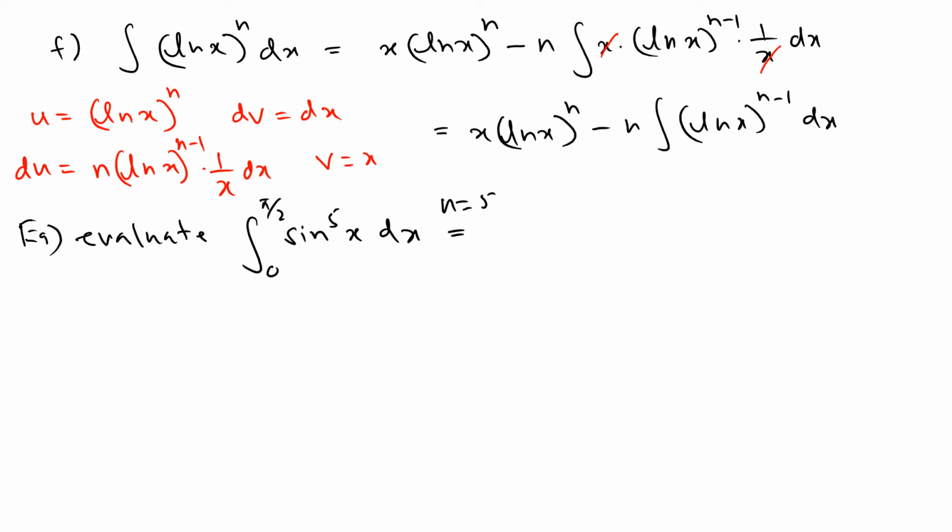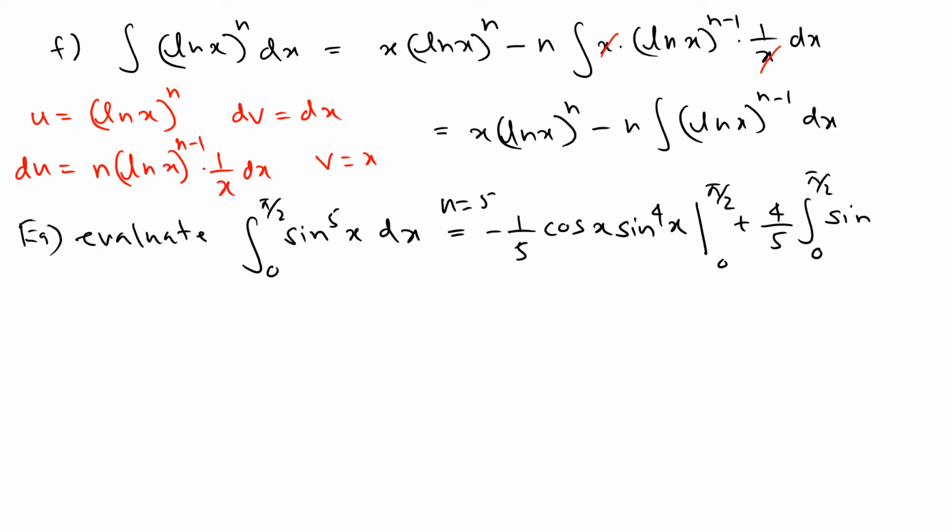If you use n equal 5 in the first formula, you can see that it is negative 1 over 5 cosine x sine to the 4th power x, evaluated at pi over 2 and 0, plus n minus 1 over n, that means 4 over 5, times the integral from 0 to pi over 2 of sine, since you subtract 2, to the 3rd power x dx.